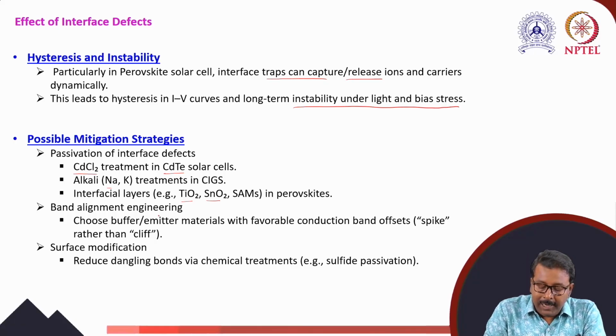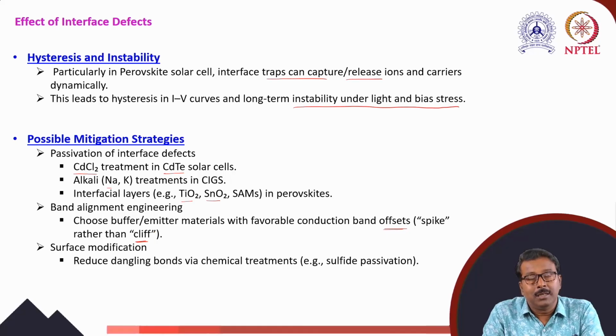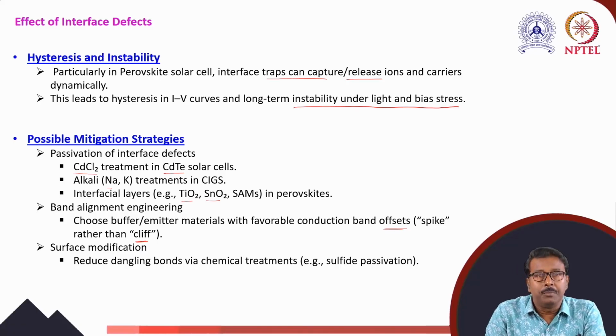And band alignment engineering is another technique. In that case, you have to choose the buffer or emitter materials with a favorable conduction band offset, not cliff type. It is called spike type rather than cliff type. Favorable means it should not obstruct the flow. We have to choose a buffer material in such a way that the band diagram is in a favorable condition for transport.